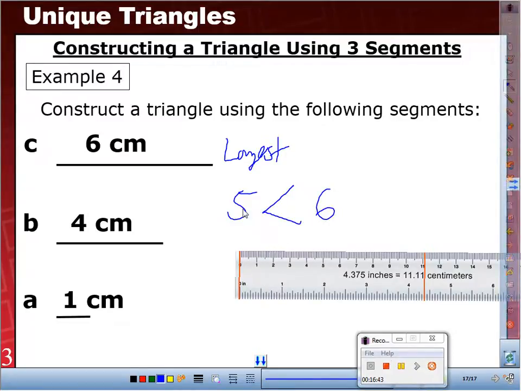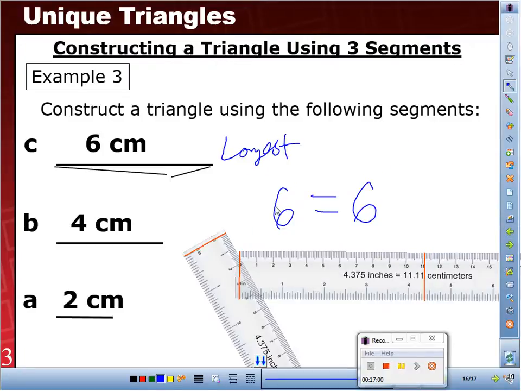So look up, please. This is A plus B, and this is C. So therefore, this one it's not a triangle. Write that down. Not a triangle. On the previous example, we had 6 equal to 6. This was A plus B, and this was C. This is not a triangle.